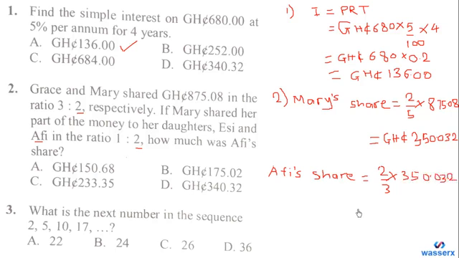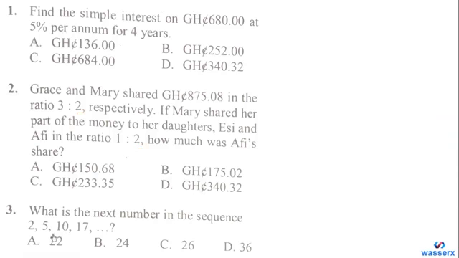Using our calculator, this simplifies to 233.35 Ghana cedis. So the correct answer is option C.